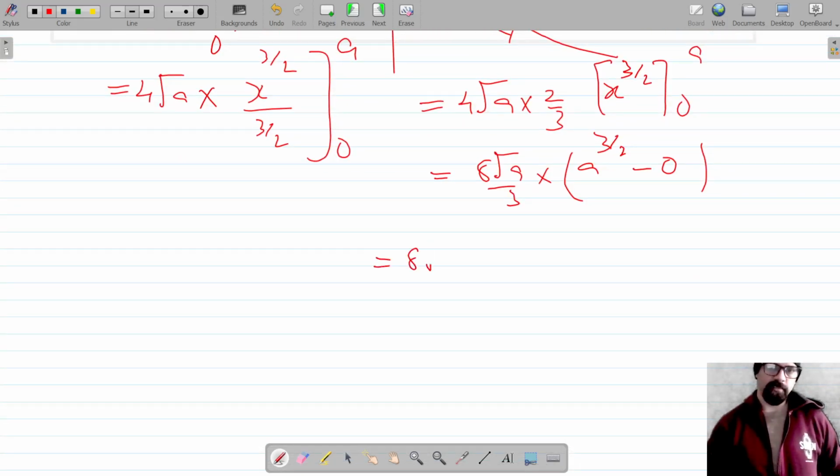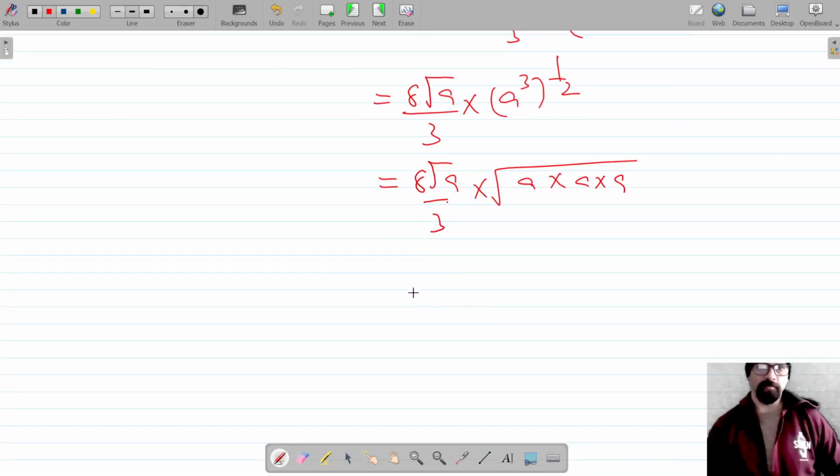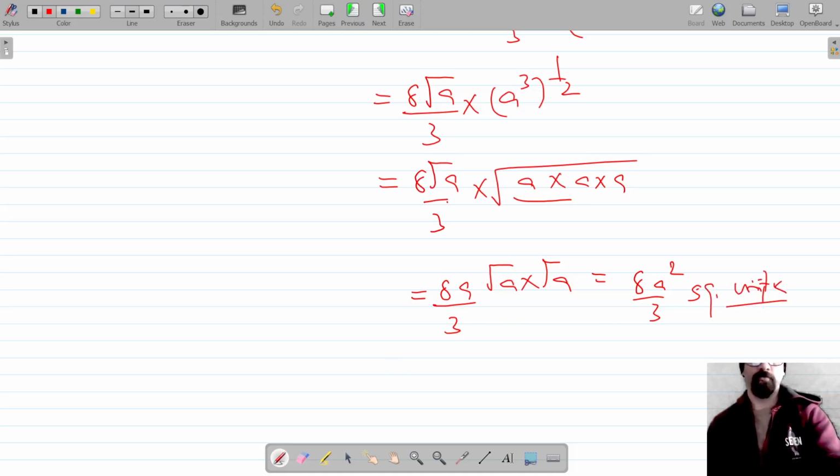Now a raised to 3/2 can be written as a root a. So this is 8 root a by 3 into a root a, which is 8a square by 3 square units, the required area.